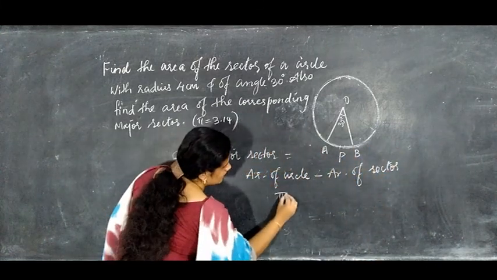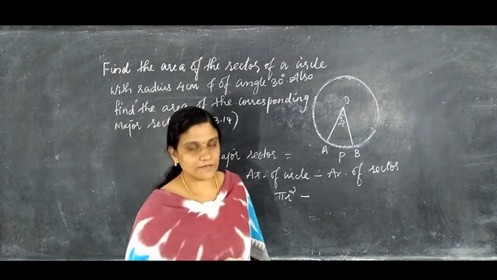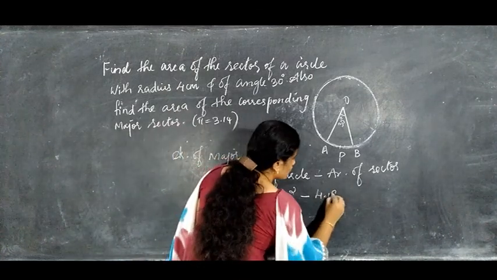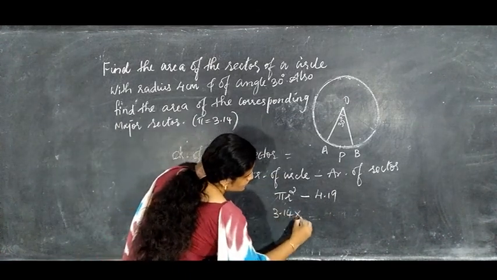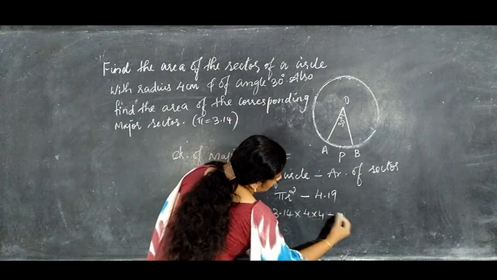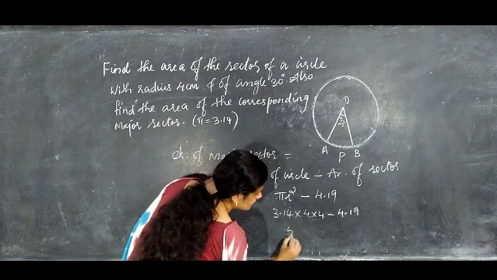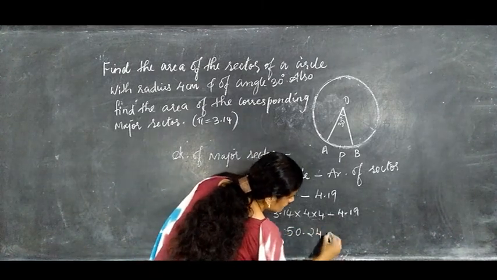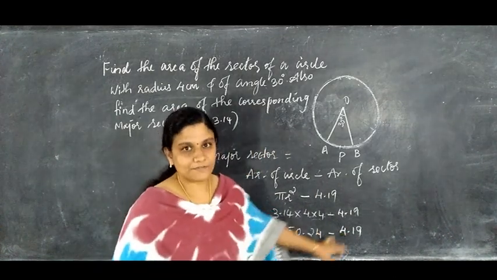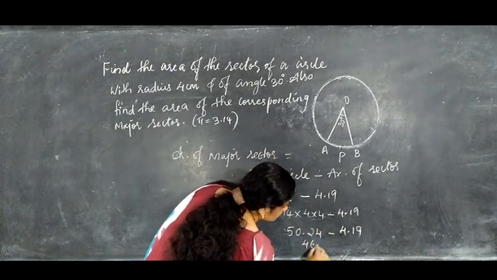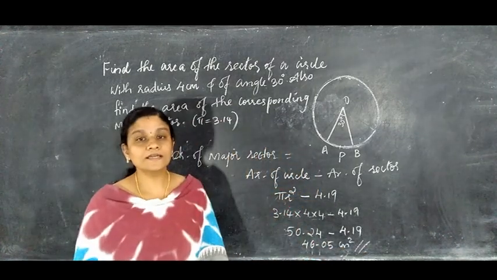That is pi r square minus, already we have found the area of sector, which is 4.19. Now here 3.14 into 4 into 4 minus 4.19. When we multiply this we will get 50.24 minus 4.19. Now if we subtract we will get 46.05 centimeters square. So this is the area of the major sector.